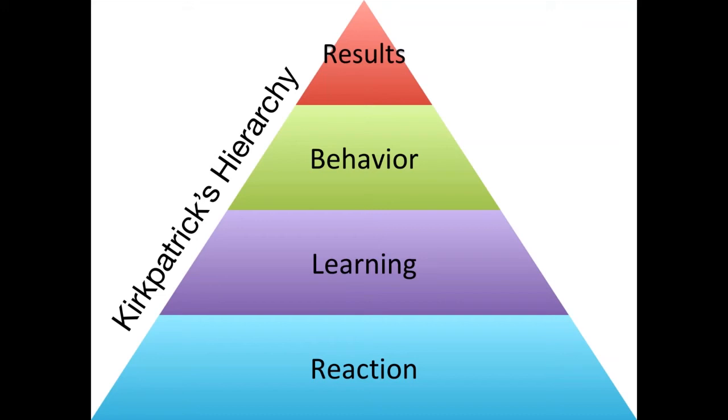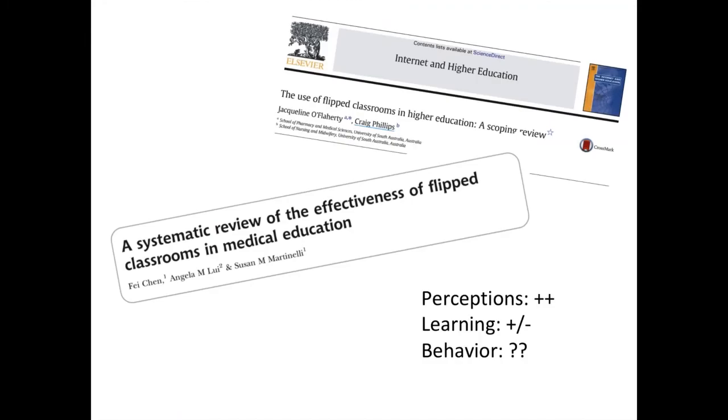We now have several systematic reviews on the effectiveness of the flipped classroom. The scoping review was completed in 2014. The systematic review was completed in August of 2017. What they found is that learners, by and large, do prefer this method of learning. The low-level Kirkpatrick seems to be very positive with the learners.